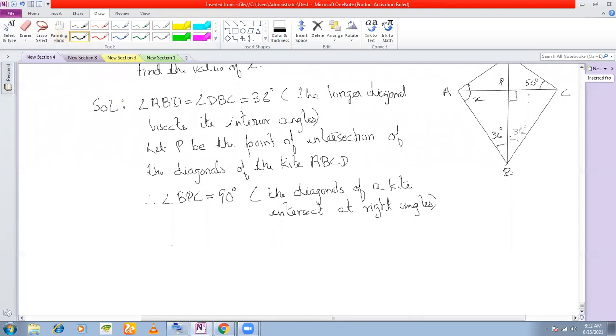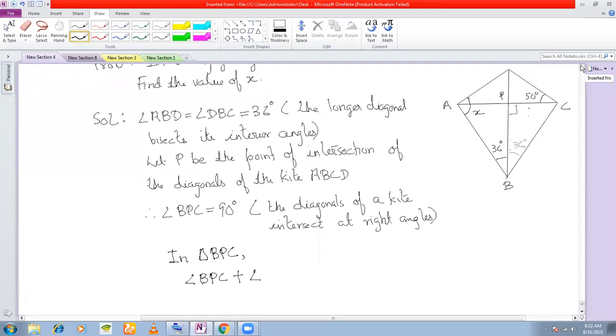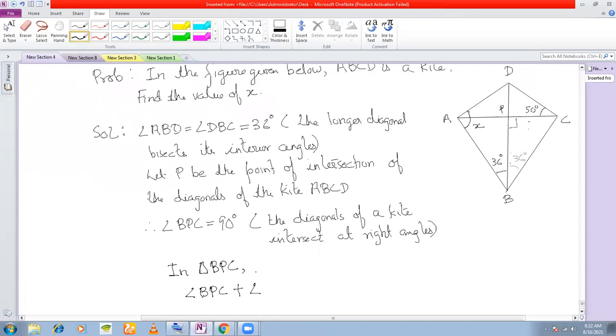So we say in triangle BPC, angle BPC plus angle DBC plus the unknown angle, angle PCB.